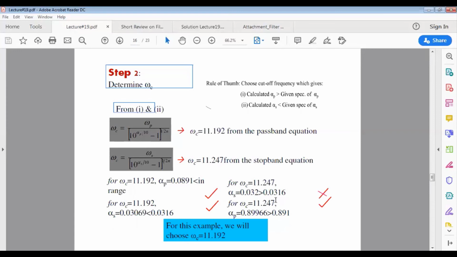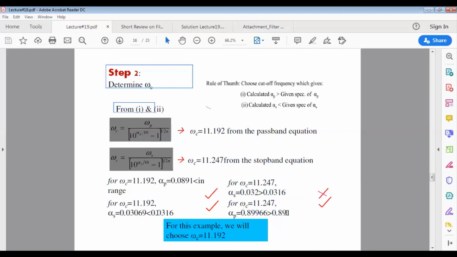Whereas when we use omega C of 11.247, you can prove on your own that the calculated alpha S will be 0.032, which is bigger than the specification of 0.0316. For the alpha P, the value is 0.89966, which is bigger than the specification.